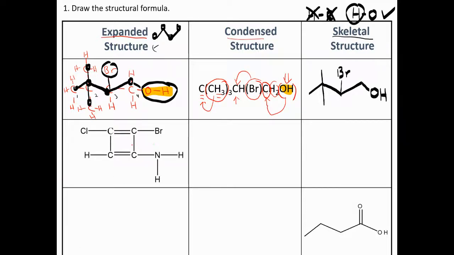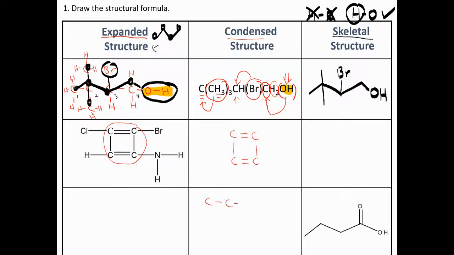Condensed structure. When you see here, this is a cyclic. When cyclic, the same thing, we just draw back the carbon. We still have carbon, but it is in a cyclic form. Don't break it up.